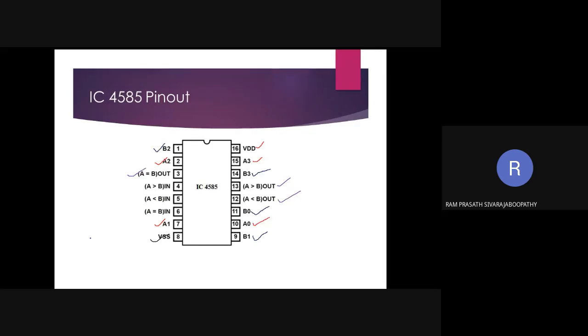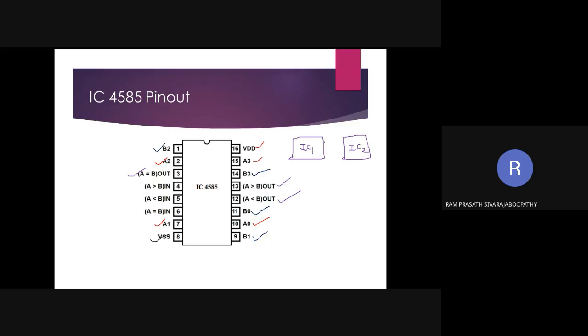This is for cascading. How the cascading can be done is, you consider this is IC1. Here we have IC2. So the first one will act as the MSB.